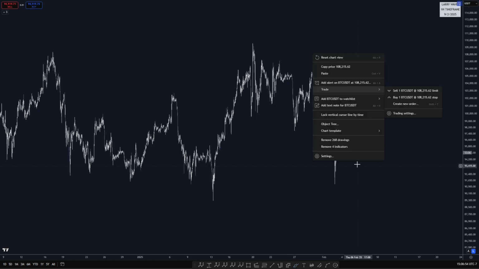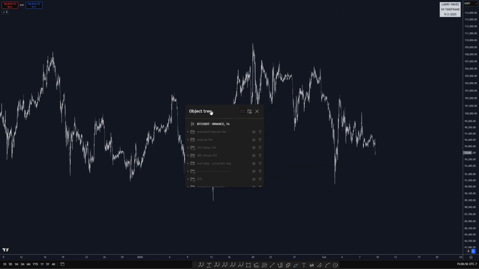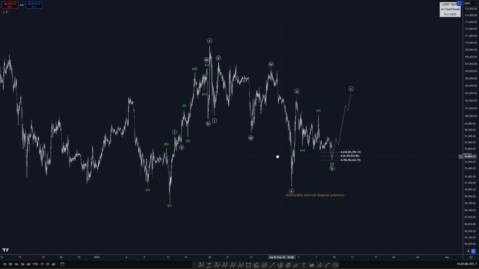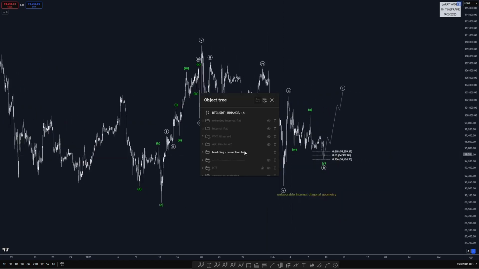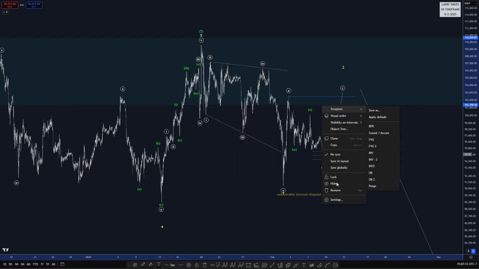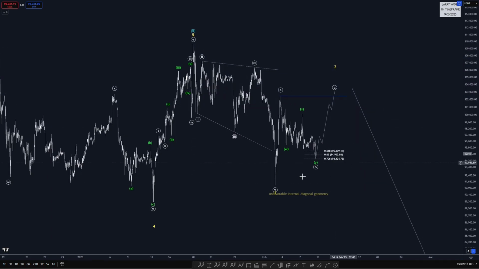If this is the case, we have to be prepared for the downside. Again, it's about managing expectations to be aware of what's to come, so you're not caught off guard. This would be my alternative scenario.